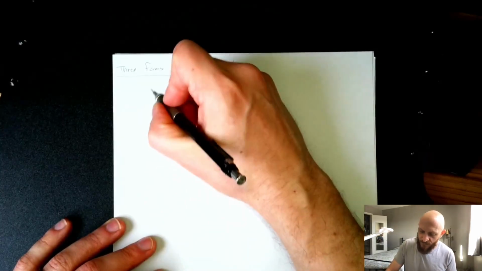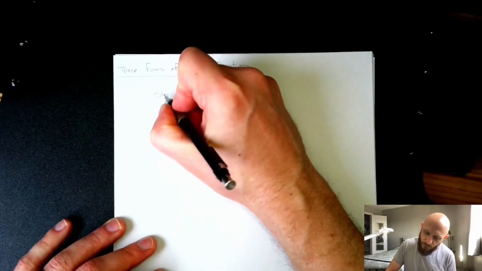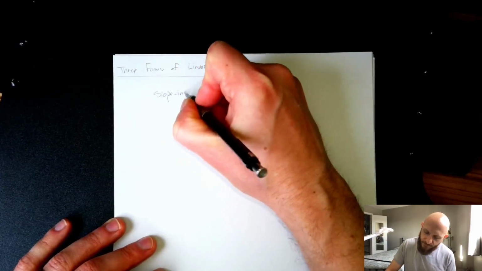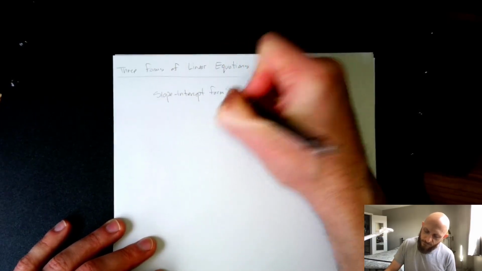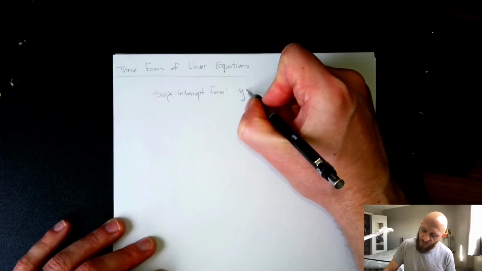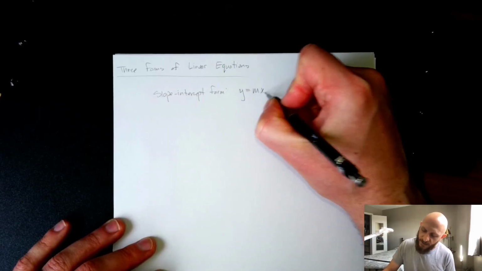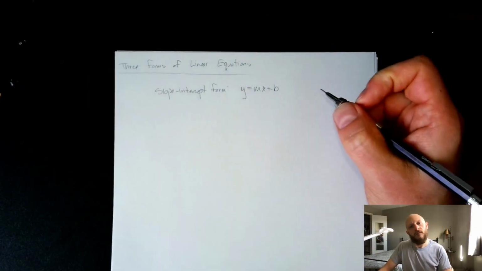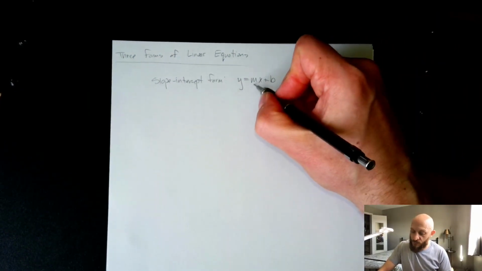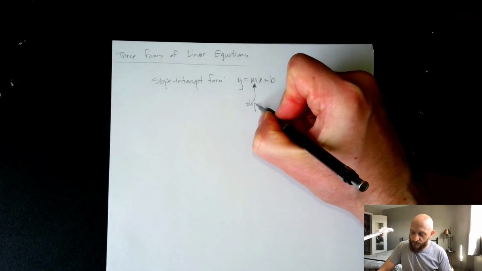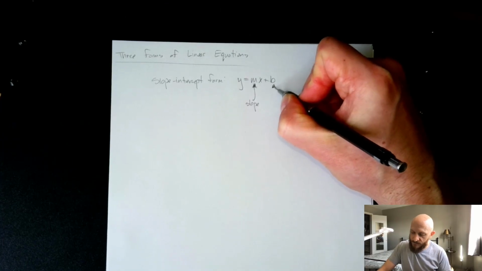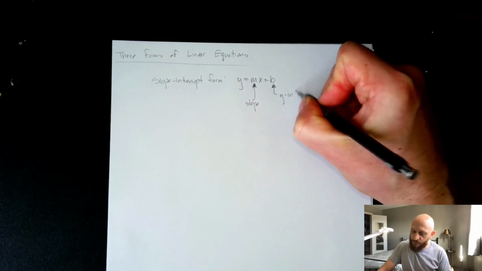That form is called slope-intercept form, which in its general form is y equals mx plus b. Why do we call it slope-intercept form? Well, because the key characteristics are m, which is the slope, and b, which is the y-intercept.